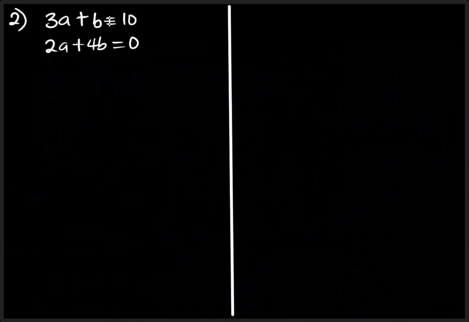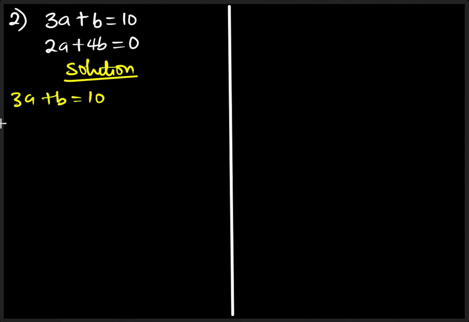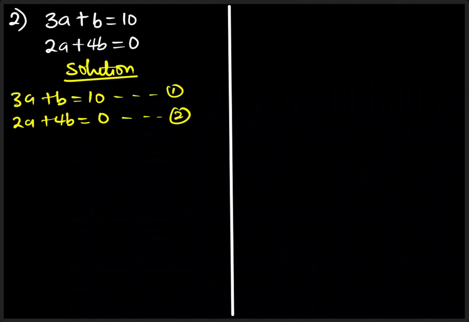Okay, let's move to number 2. So we have here 3a plus b equal to 10, and then 2a plus 4b equal to 0. This is equation 1 and this is equation 2. Like I said earlier, it's easier to make a variable that has a coefficient of 1 the subject.